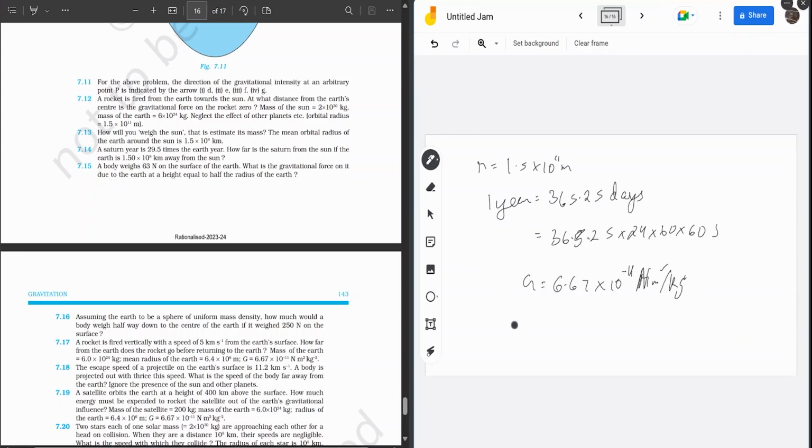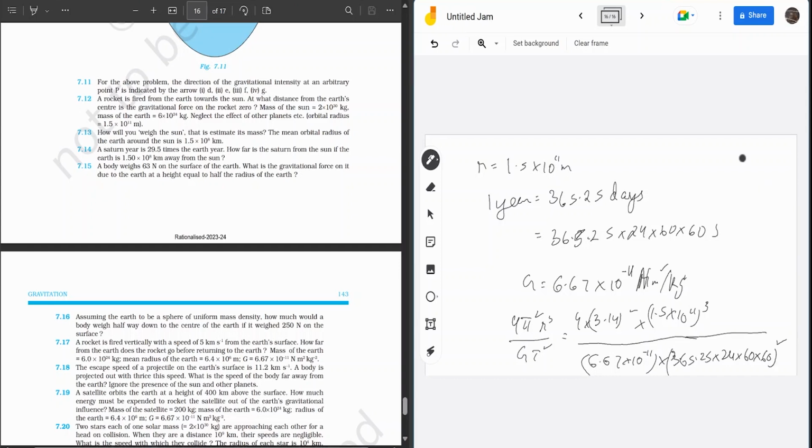So what is the mass of Sun? It is 4 pi square r cube divided by G t square, which is 4 into 3.14 whole square into 1.5 into 10 to the power of 11 whole cube, divided by 6.67 into 10 to the power of minus 11 into (365.25 into 24 into 60 into 60) square.